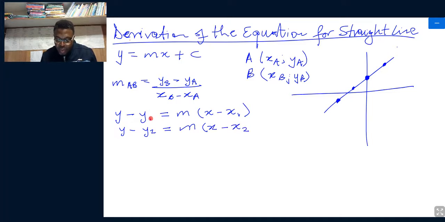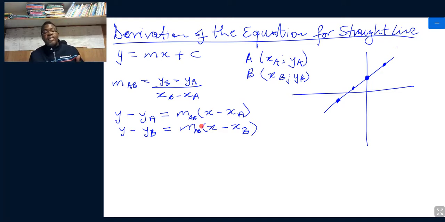This could be A, or this could be B, and the gradient is the gradient of the line AB. So you have to find the gradient.